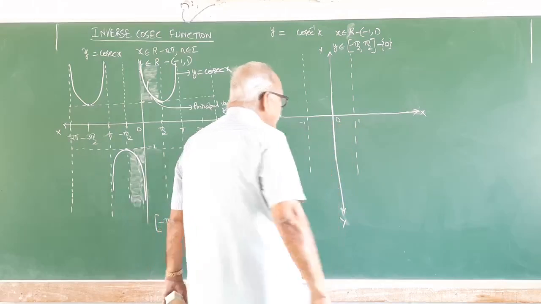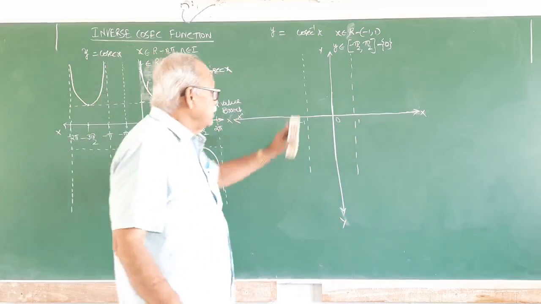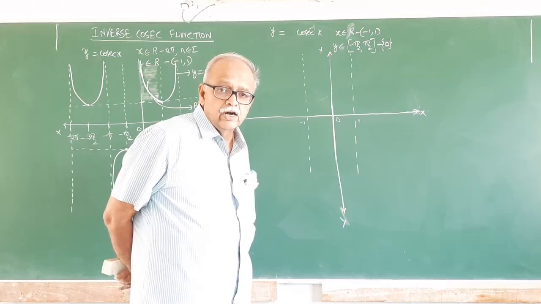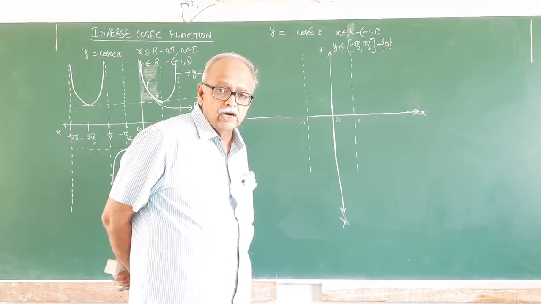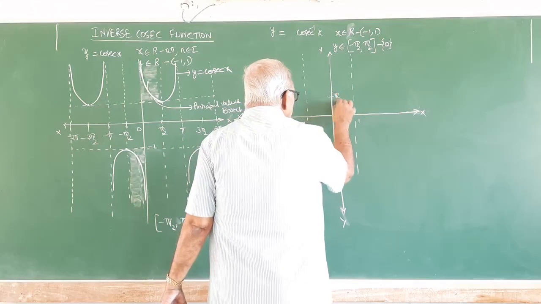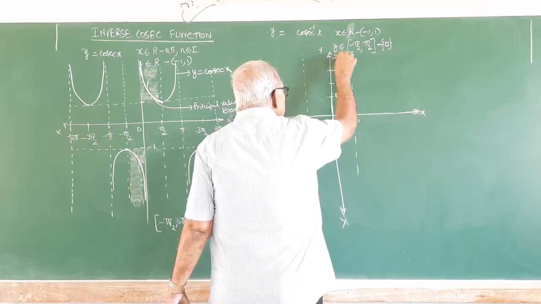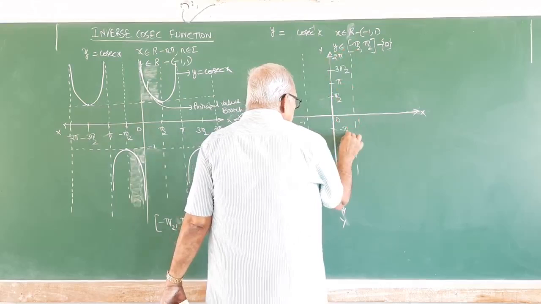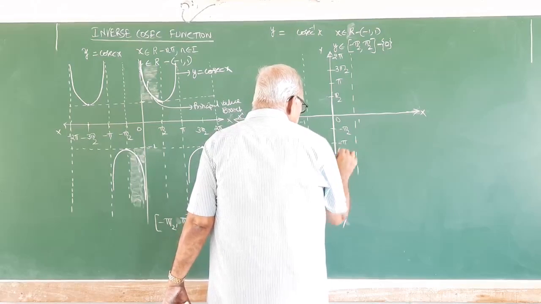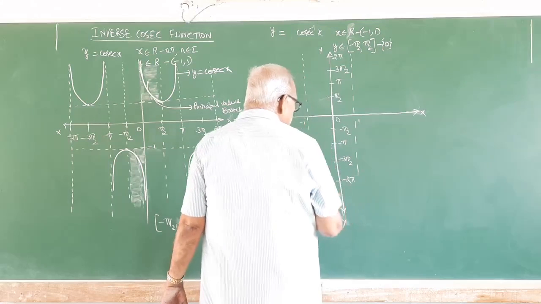Carefully watch how we are doing this. So, in this interval, the x value cannot be between minus 1 and 1. Now we have to take minus pi by 2, pi by 2, pi, 3 pi by 2 and 2 pi, and minus pi by 2, minus 3 pi by 2, minus 2 pi.